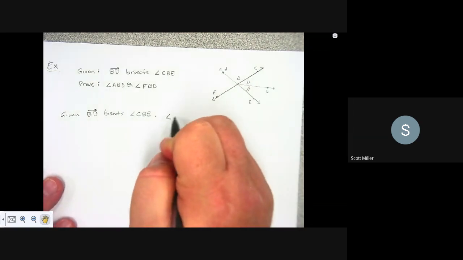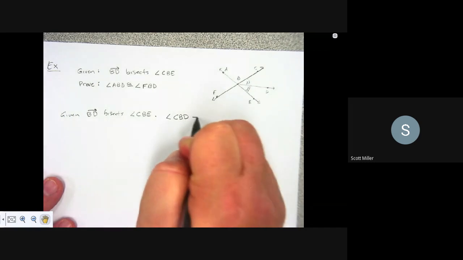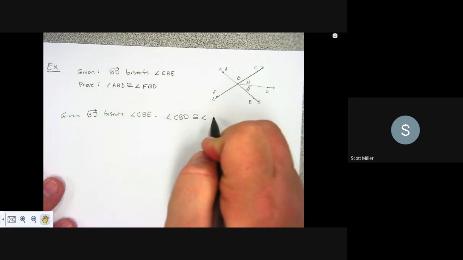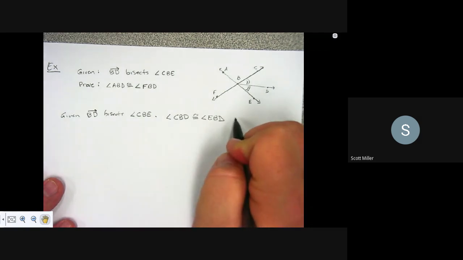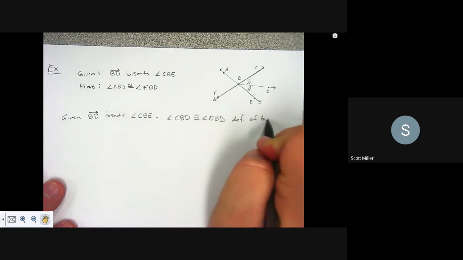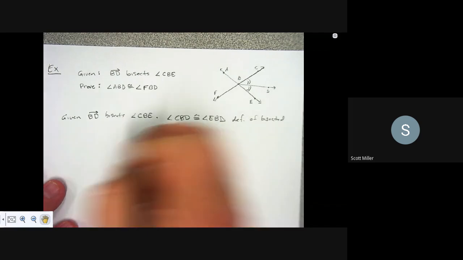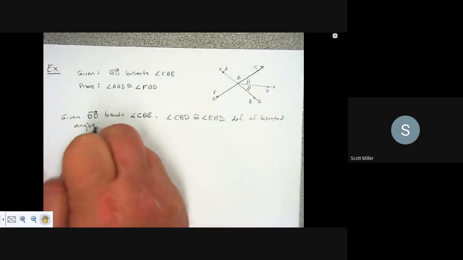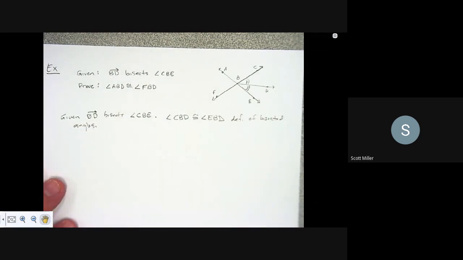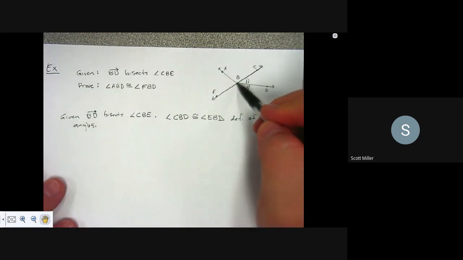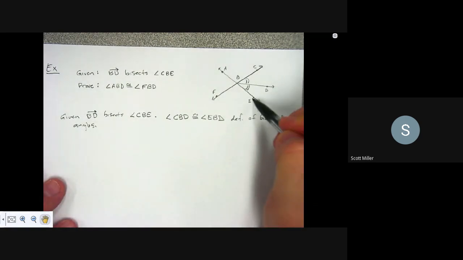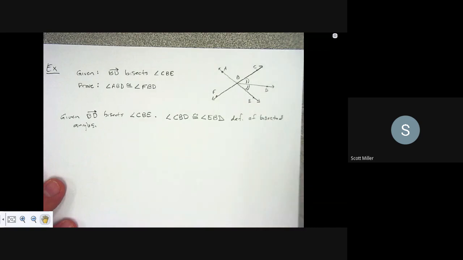So angle CBD is congruent to angle EBD by the definition of bisected angles. So when I bisect an angle, I'm cutting it into two congruent angles. CBD and EBD are congruent.